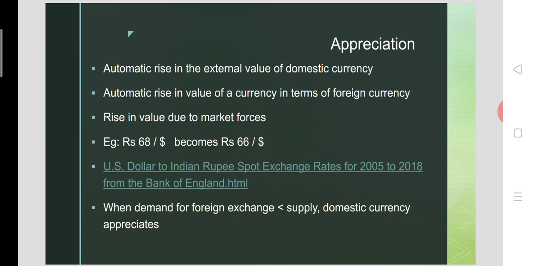That means Indian rupee in this hypothetical example is on appreciation. So when there is appreciation, the demand for foreign currency will be lower and supply of foreign currency will be higher.